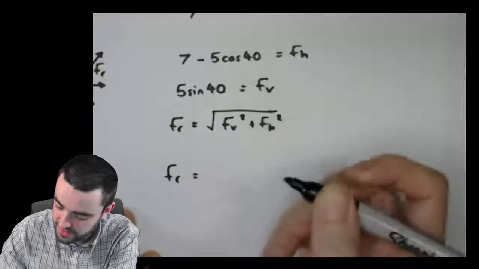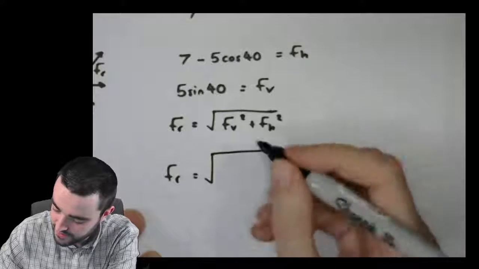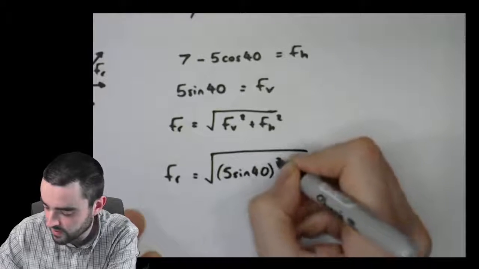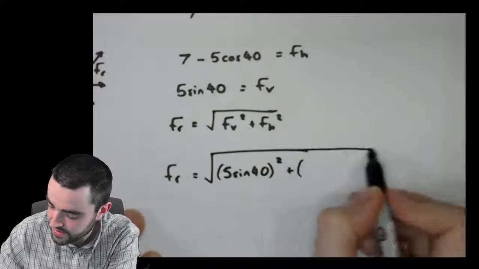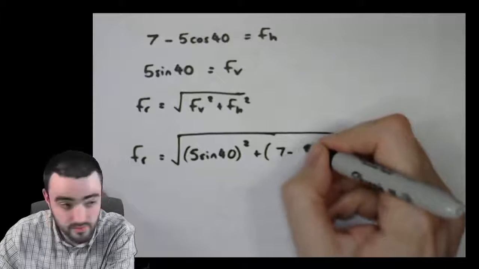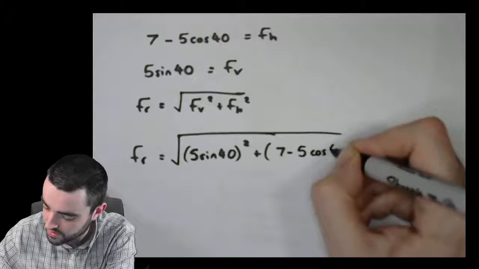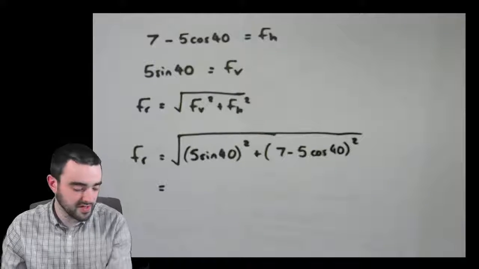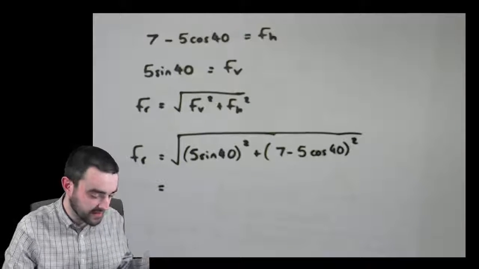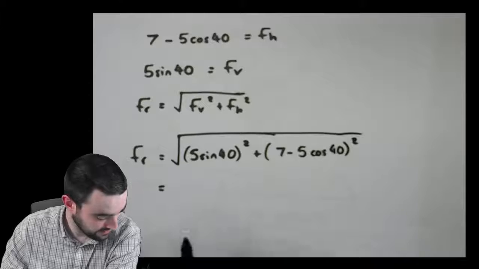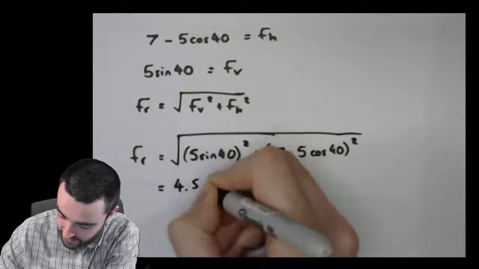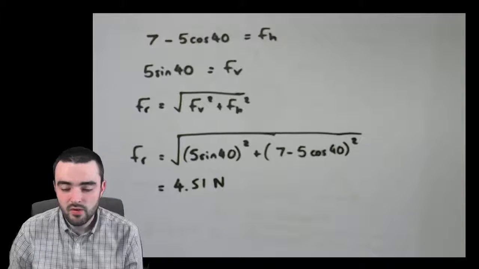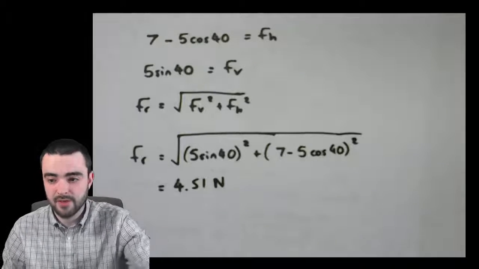So the force resultant is equal to the square root of (5 sine 40) all squared plus (7 minus 5 cos 40) all squared. And at this point I am going to actually perform that calculation, which will get me a resultant force of 4.51 newtons. So it's at this next stage where there's the next potential to slip up.